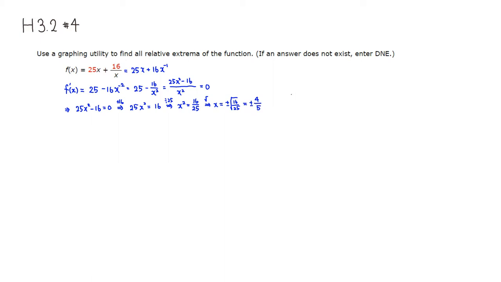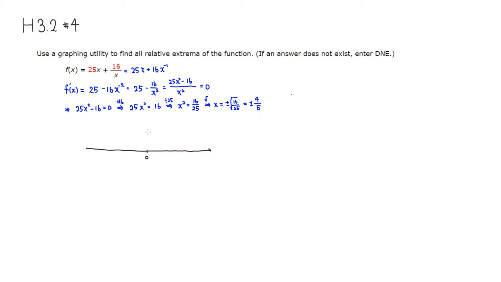Then we're going to do a number line. First, since the domain of this function is all real numbers except for 0, I'm going to mark 0 here.